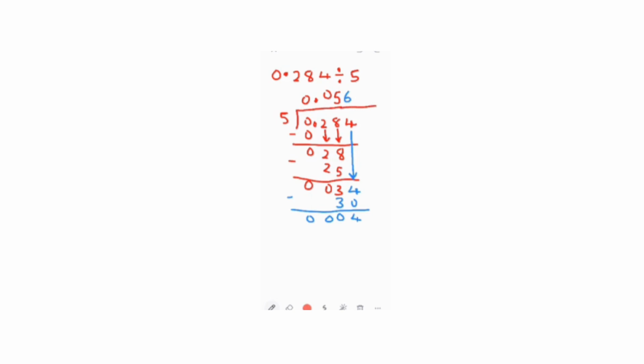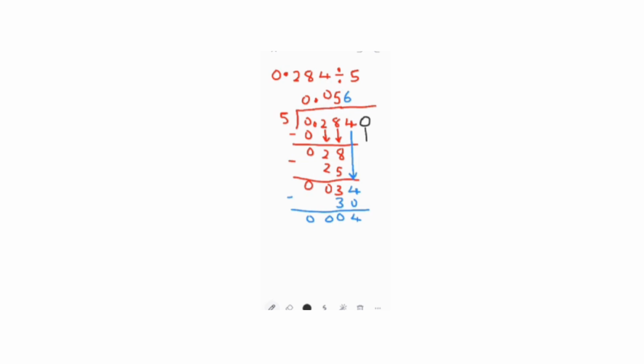See, here the remainder is 4, but I don't want to stop here. I don't want to have a remainder. So for me to be able to continue, what I will simply do is I'll add a 0 here. I'll write a 0 there. That black 0, I added it just now. That is what you do when you want to continue your division.